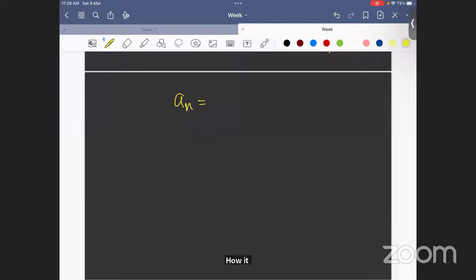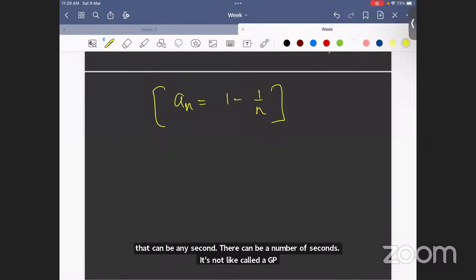You just should know that something like 1 upon n is a sequence. It can be any sequence; there can be n number of sequences, not only GP or AP. So we can go with calculus without those progressions? Correct. That's why it's not taught here, because you can handle it without knowing all those things.